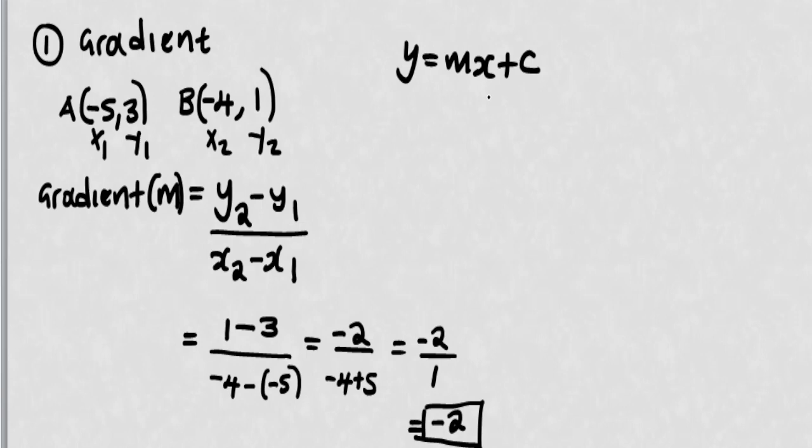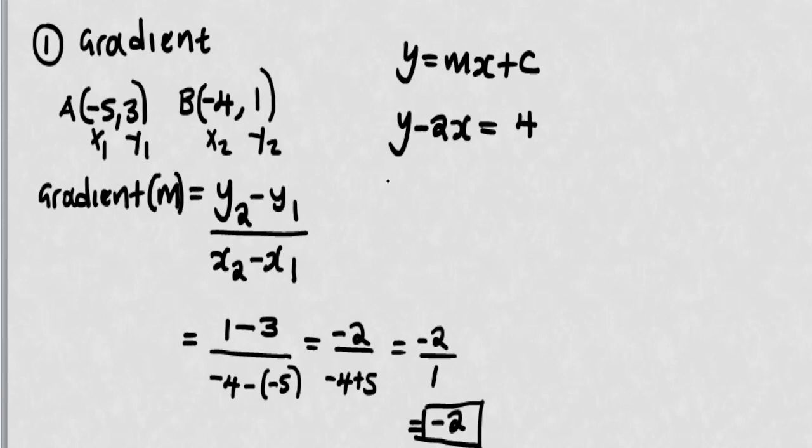Suppose you've been given the equation y minus 2x is equal to 4. How can you find the gradient given this equation?